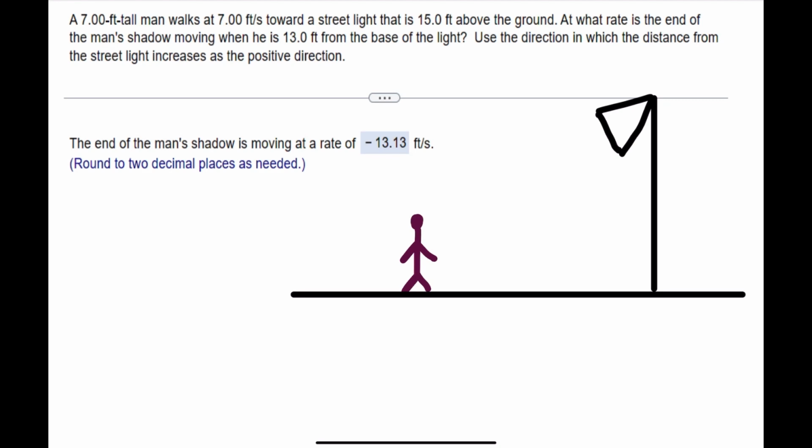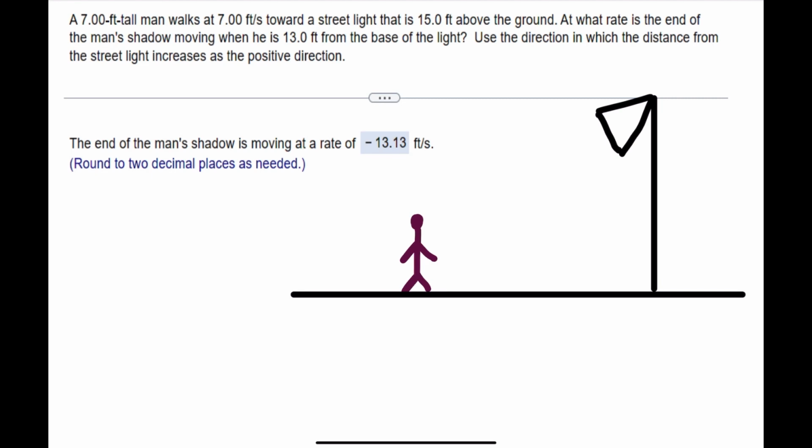Okay. At what rate is the end of the man's shadow moving when he's 13 feet from the base of the light? Okay. So this is the street light. It falls here. So the shadow of the man, honestly, I don't want to draw the man.